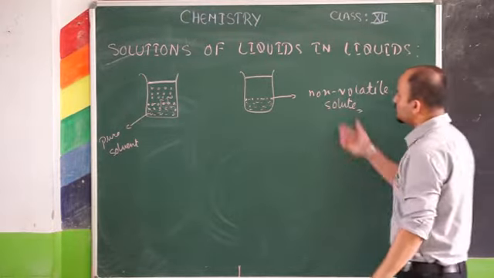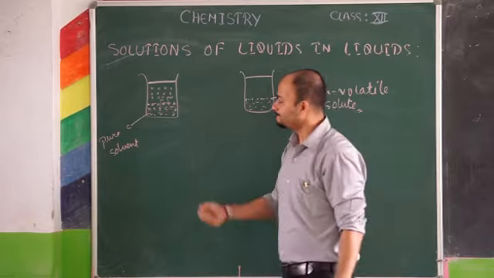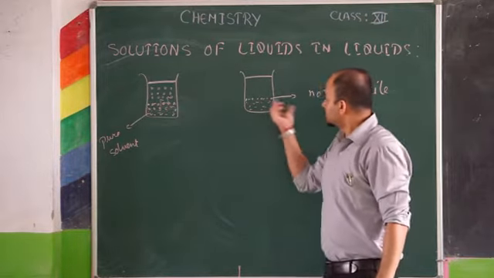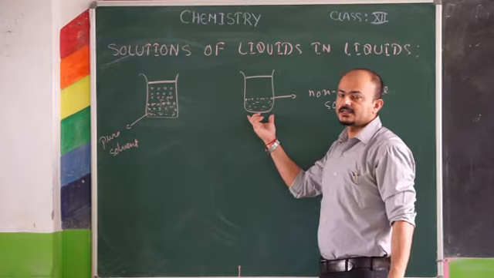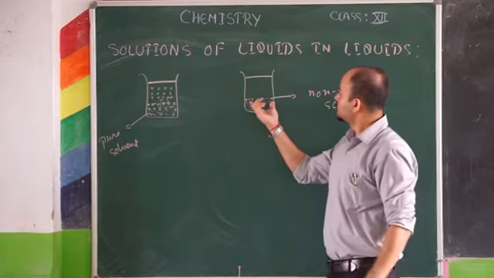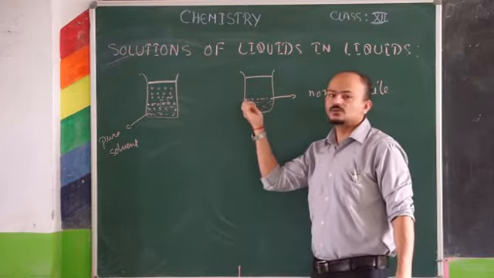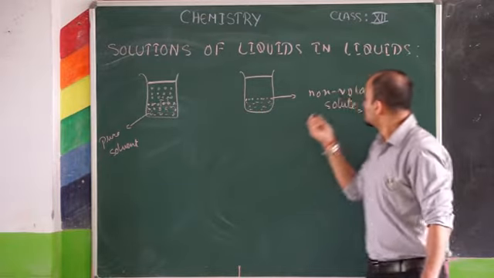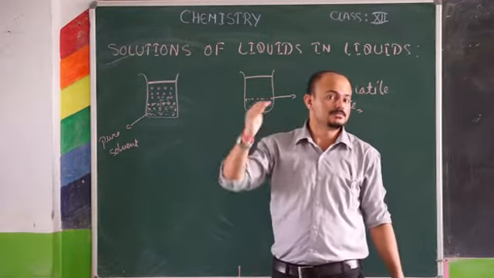Non-volatile means it won't go to the vapor phase. That means if this non-volatile molecule is added to this solution, some of the surface will be occupied by this non-volatile solid. Non-volatile, I told you, doesn't go to the vapor phase.